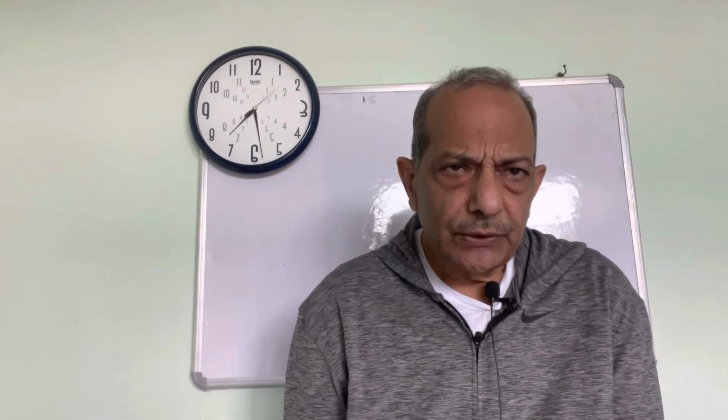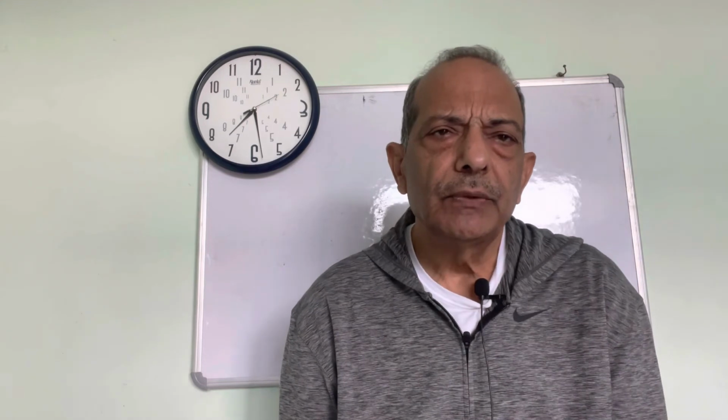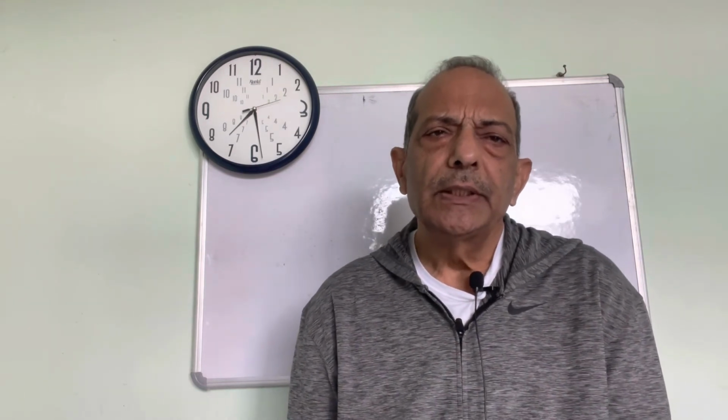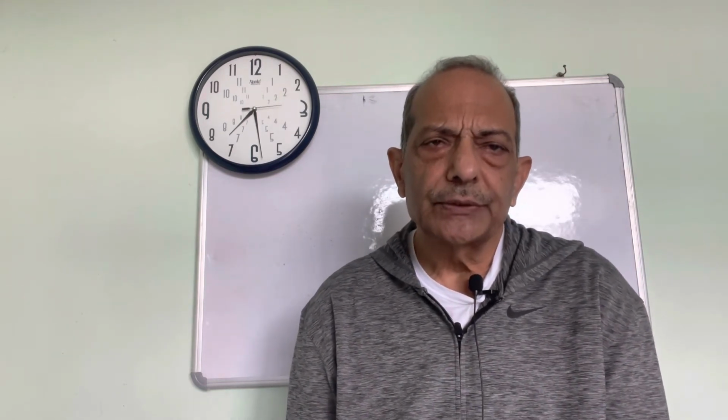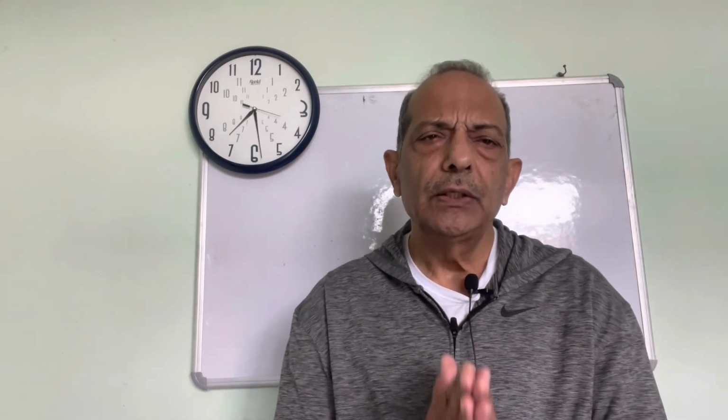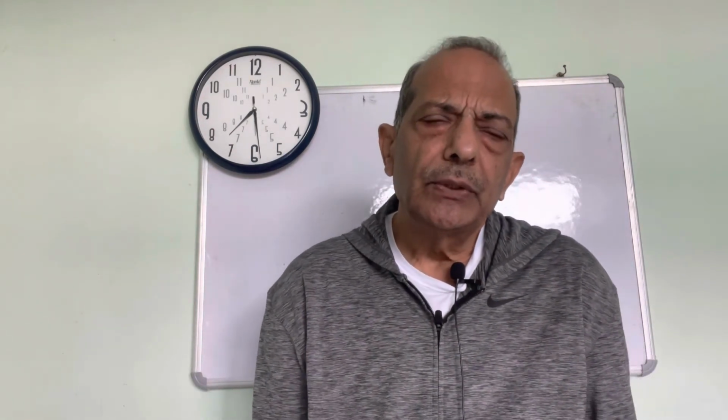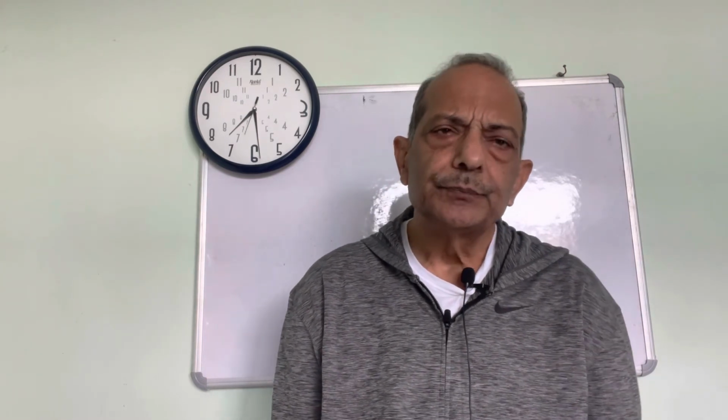This quantification we will study further when we discuss disability adjusted life years. Disability adjusted life years is a very, very important concept which is most popular, and it is so important that I will be studying it in a separate session.